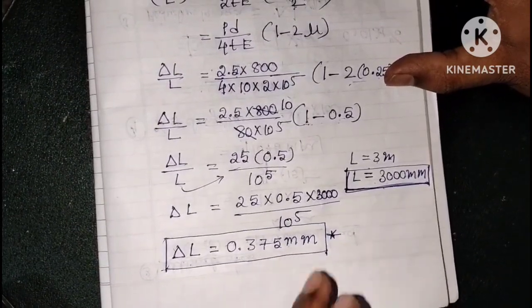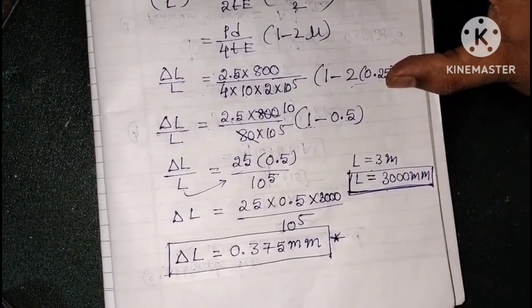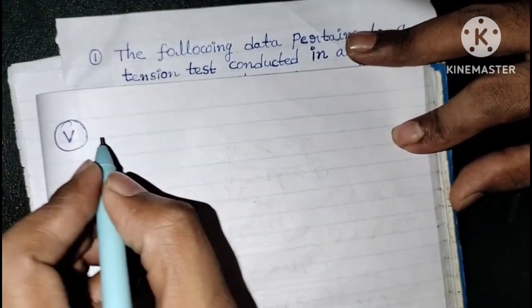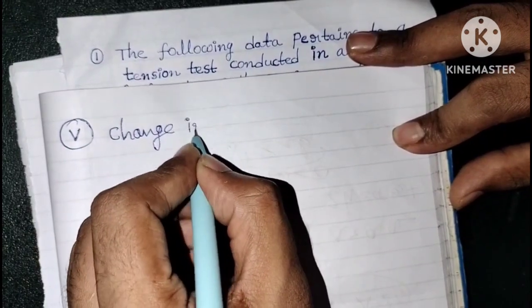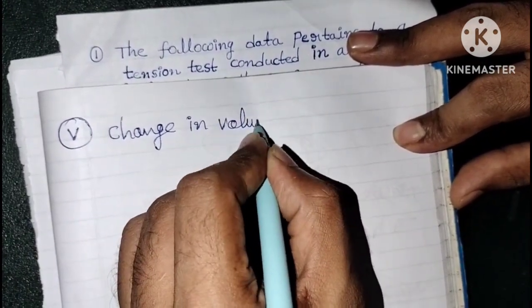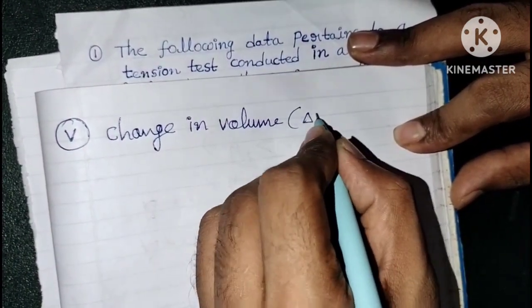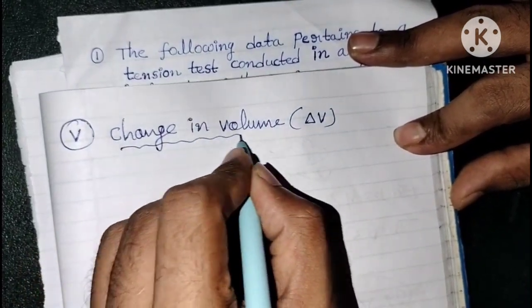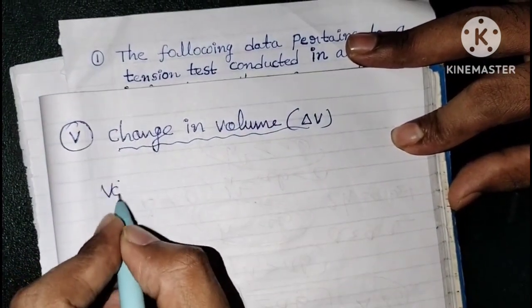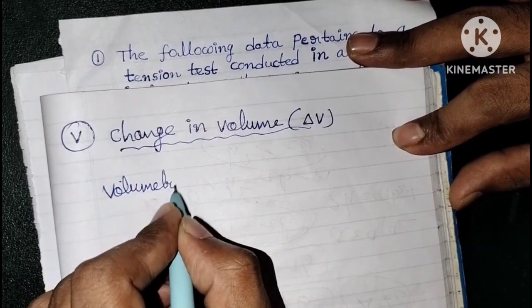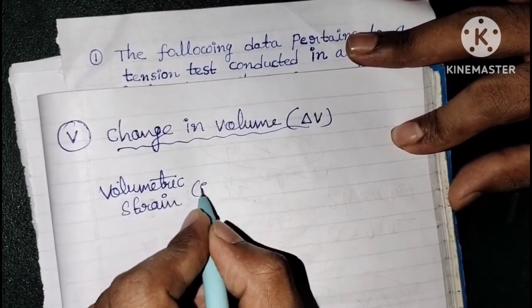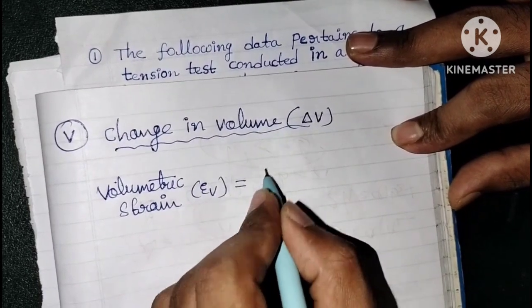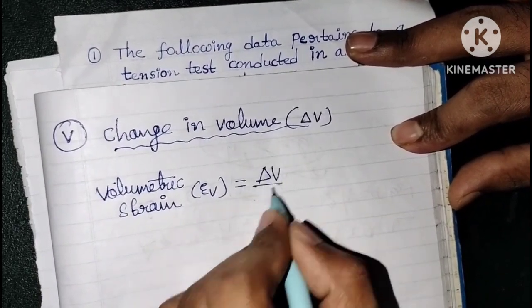So next let us find change in volume. Last and final question, change in volume. Now we need a change in volume, delta V. So volumetric strain, denoted by epsilon V. Volumetric strain means change in volume by original volume.